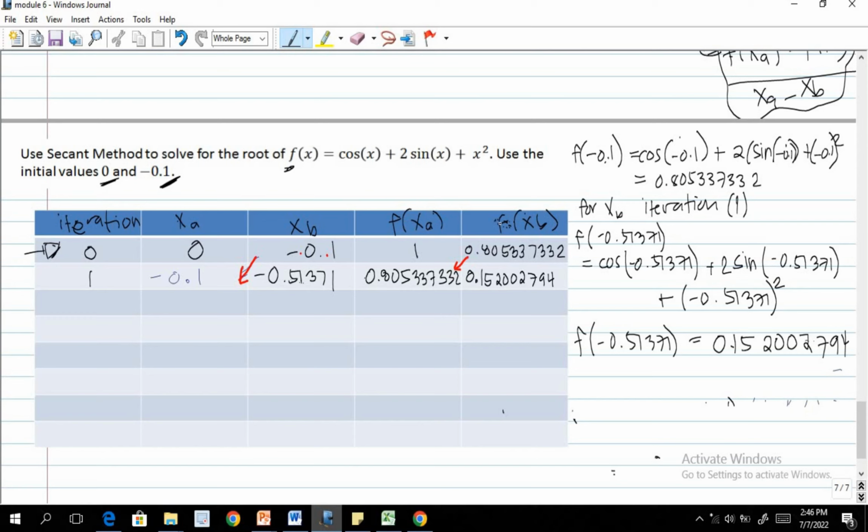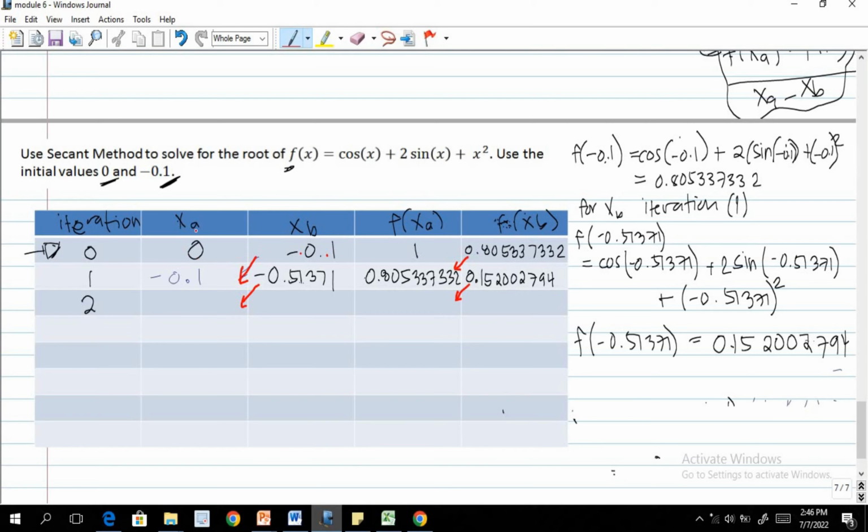Ay, hindi pa ako pwedeng tumigil kasi hindi pa siya nag-zero out. Hindi pa nag-zero out yung xa at saka xb. Gaya ng ginawa ko dun sa may iteration 1, pagpunta ko ngayon dito sa may iteration 2, ibababa ko lang si xb dito, ipupunta ko siya kay xa. Same with this one. Yung function ng xb, ibababa ko siya dito sa may function xa.